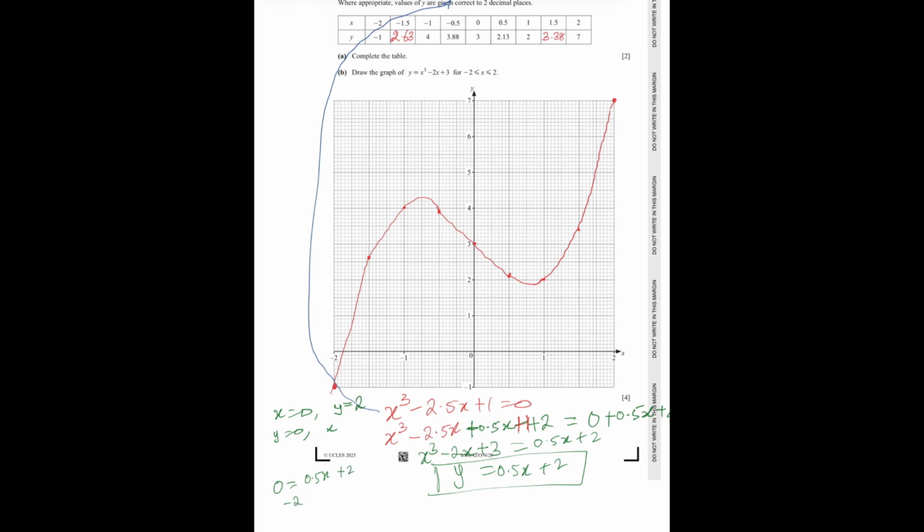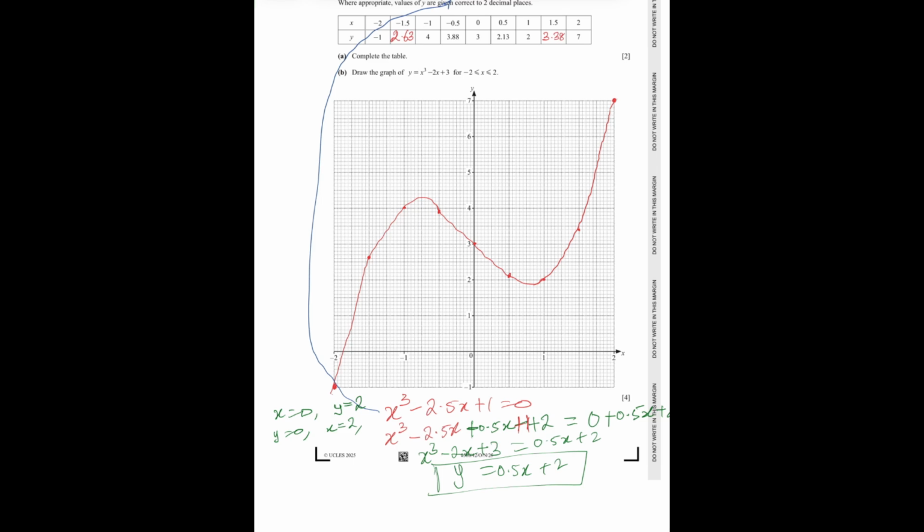So minus 2 is equal to 0.5x. Now x will give me minus 4. I don't have minus 4. So you can take another value and see what you get. So 0 does not work. You can take x as 2.